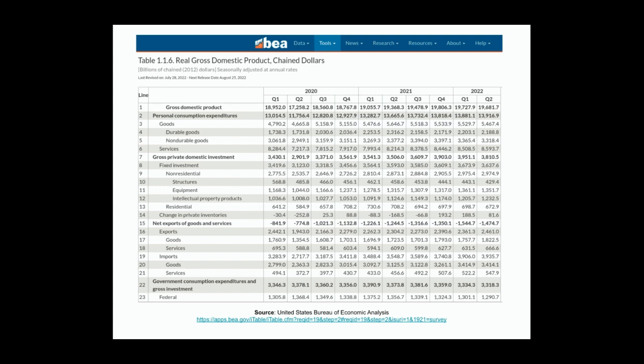And so at the BEA website, you can see nominal GDP, you can see real GDP, and you can see real GDP using chain dollars. Again, we're trying to be as accurate as possible to isolate and figure out how much more we are producing, but not be fooled by changes in prices and eliminate the effects of changes in prices.